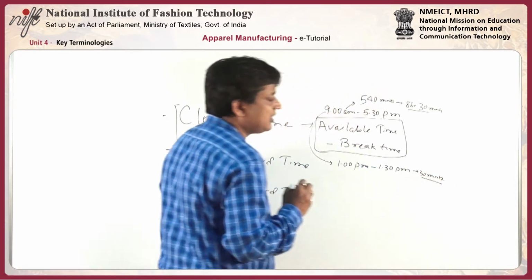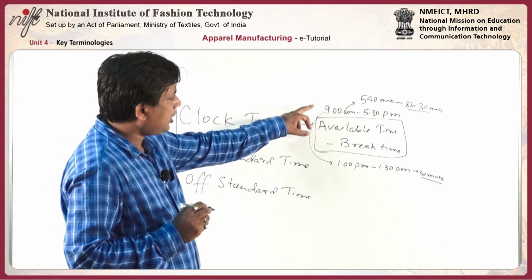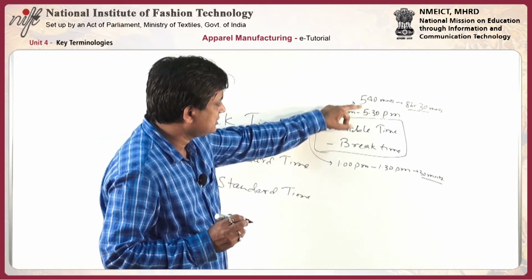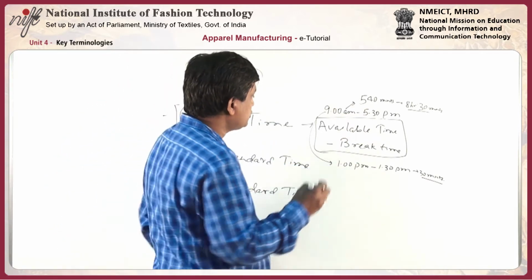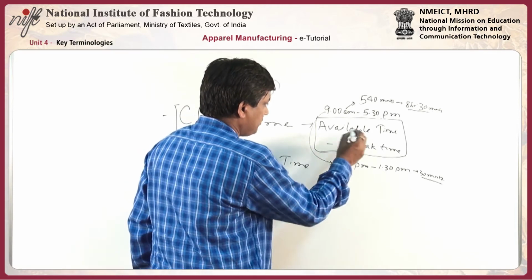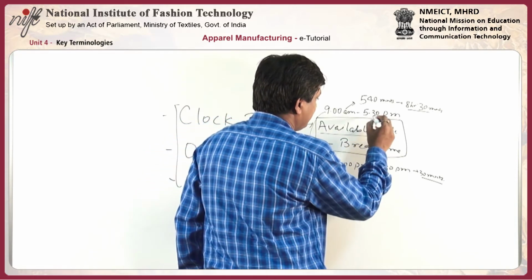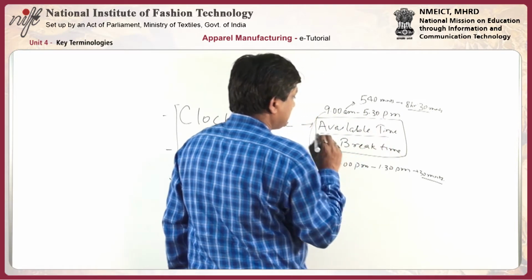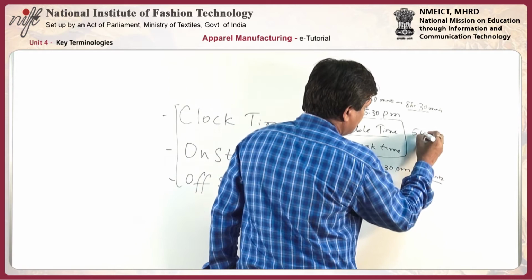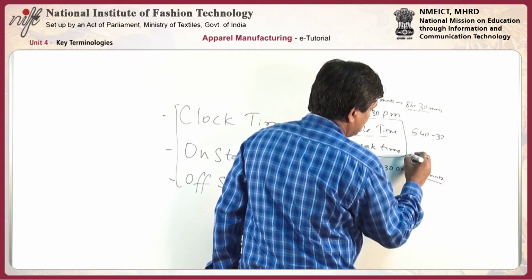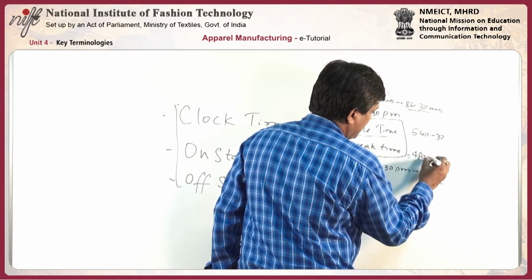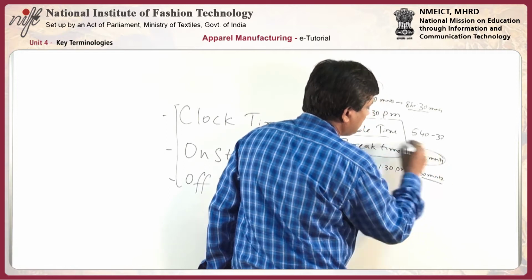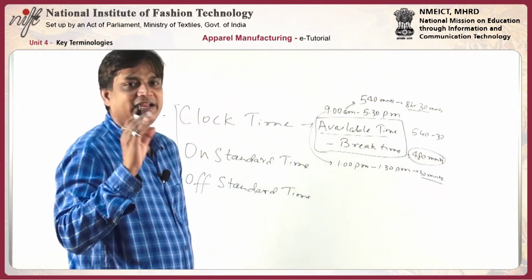Now out of this 540 minutes, 30 minutes is the lunch break time. So the total available time is from 9 a.m. to 5:30 p.m. minus the break time of 30 minutes. So 540 minus 30 is 480. So the clock time of the operator is 480 minutes.